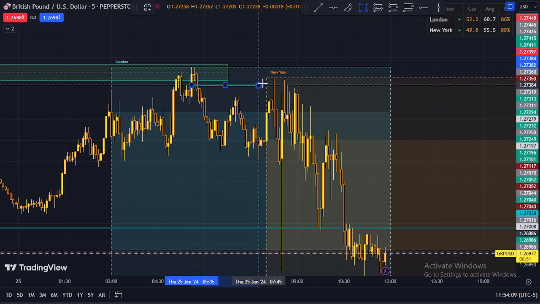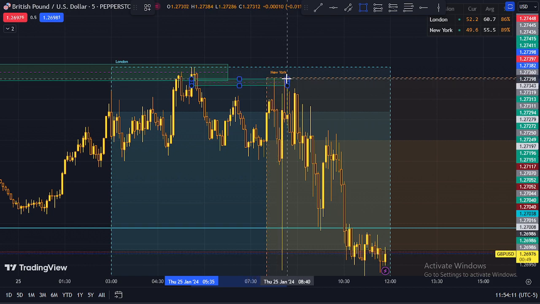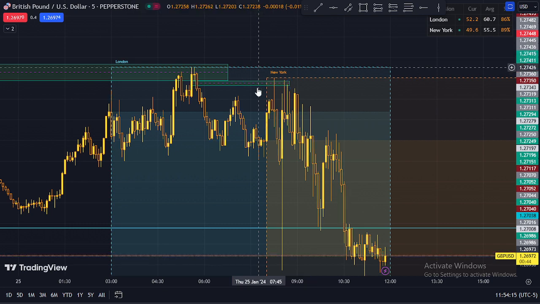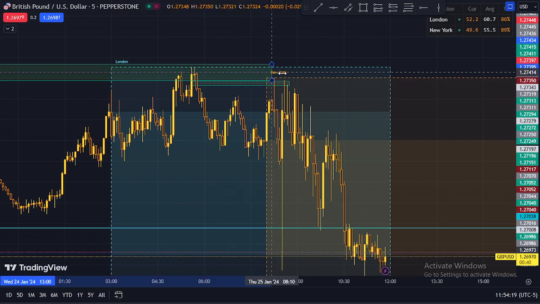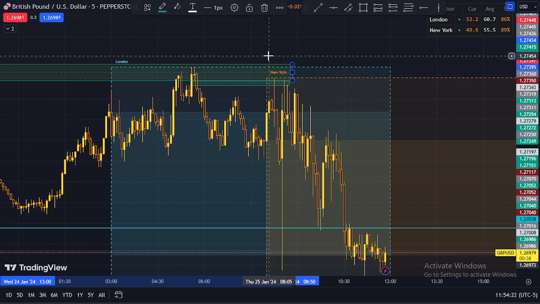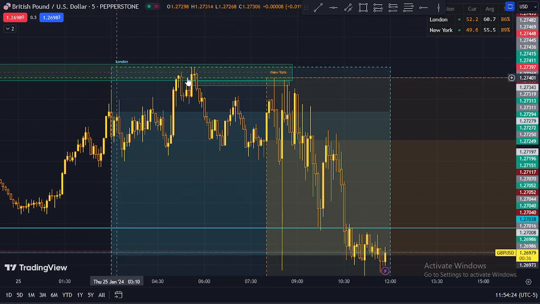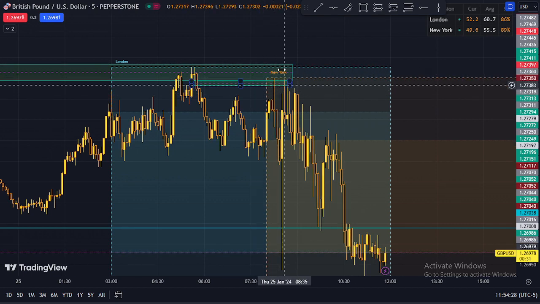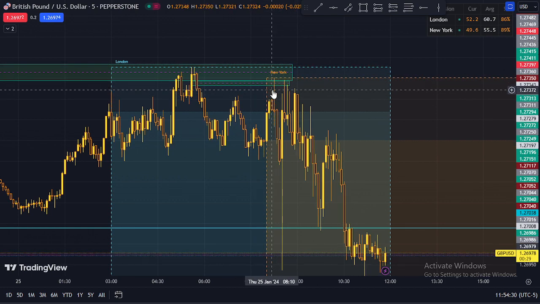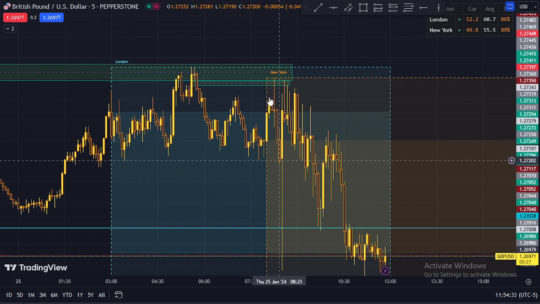So this is the importance of knowing how to trade multiple time frames. So we hit that. Also we hit the lower end of the 15-minute fair value gap. So we hit that. This was kind of like an aggressive entry. So we hit that.